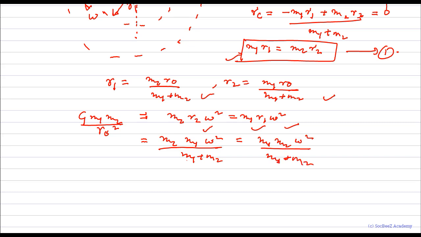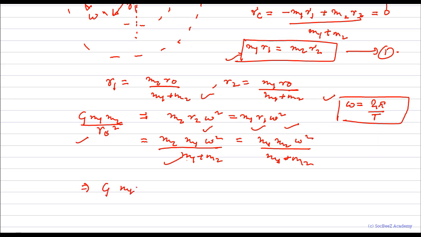Now the time period has been given to me as t. So omega is going to be equal to 2 pi by t, where t is the time period of the revolution. If I take these two values, I'll write G m1 m2 upon r0 square must be equal to m1 m2 into omega square upon m1 plus m2.